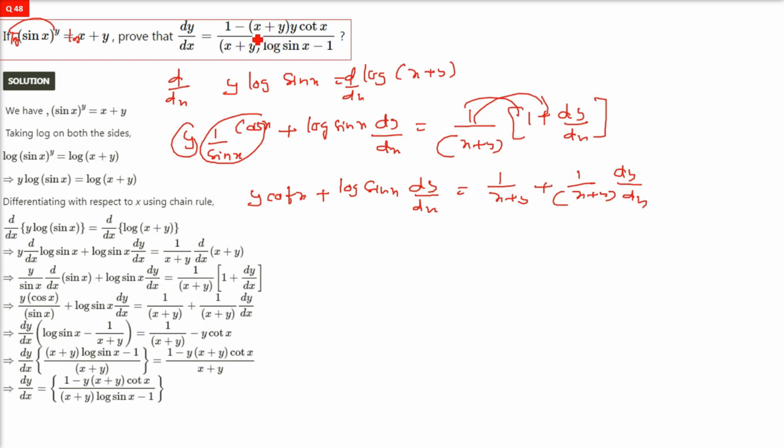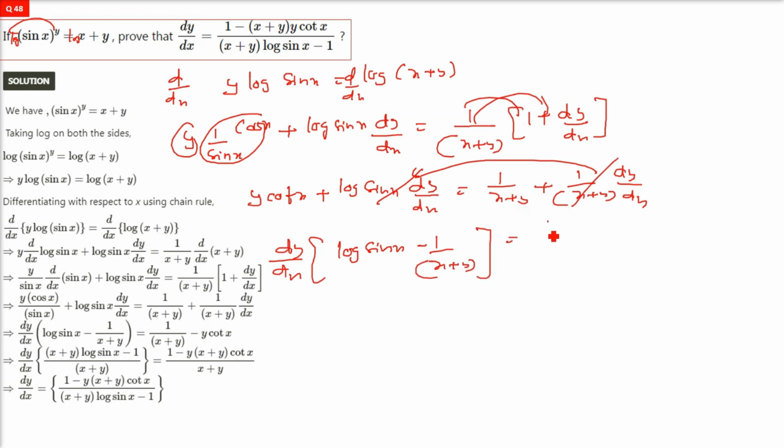Now you see what is shown in the answer. Just take things on that side so that you get the proper result. So dy by dx here, log sin x, and this we have taken now, it will be minus 1 by (x plus y) into dy by dx, which we have already taken common, is equal to 1 by (x plus y) minus y cot x.